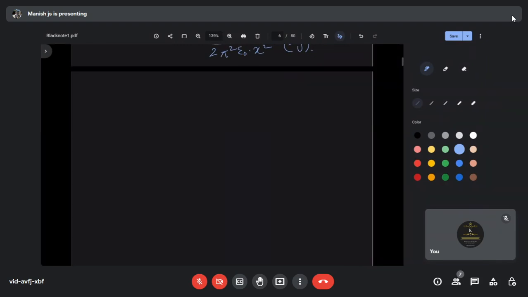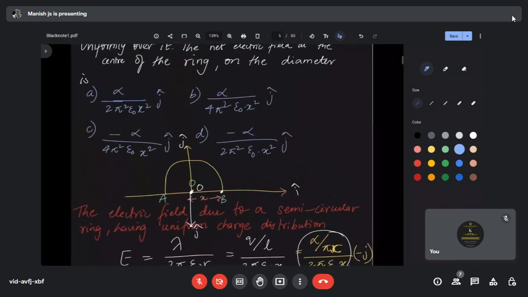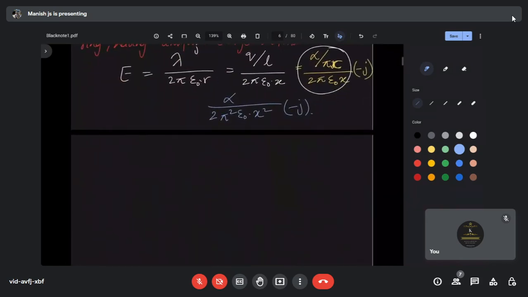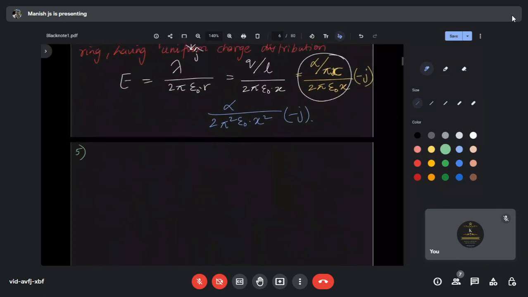Then different model. Okay, next question. So the number is fifth one. A charged metallic bob.